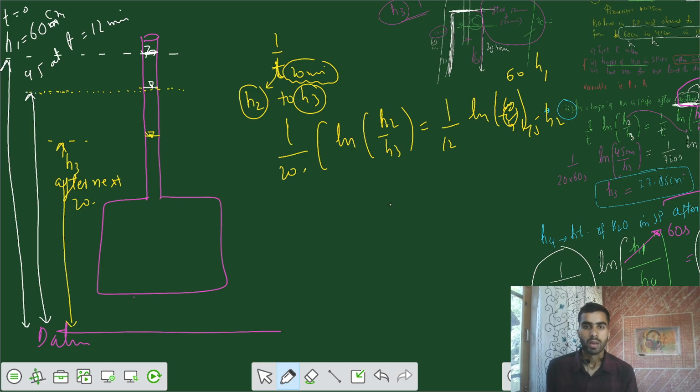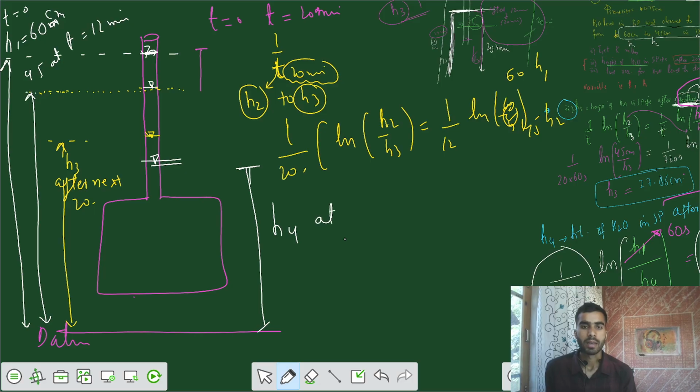Now, if I keep the value of time from the start, if I want to calculate from time t equals 0 to time t equals 20 minutes, my origin would now be from the start. Let's say my height is somewhere at h4, at time t equals 20 from the start.